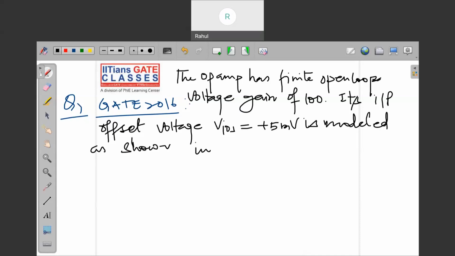Shown in the circuit below, right? The amplifier is ideal in all other respects.